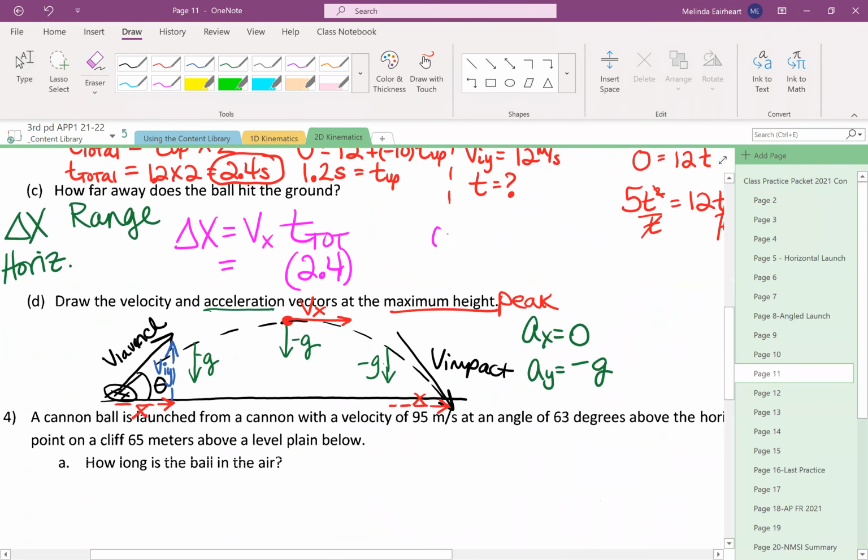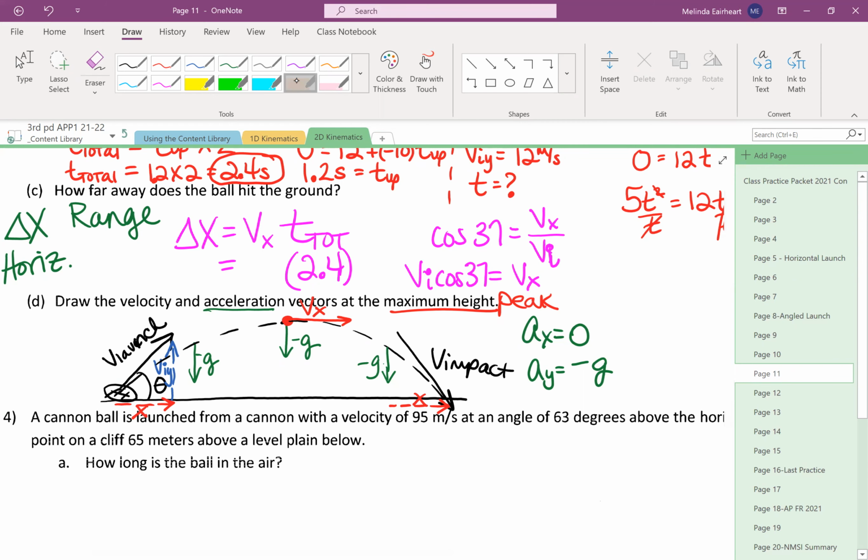So we can say cosine 37 equals that horizontal velocity divided by that initial velocity. Multiply both sides by initial. Vx is initial times cosine 37. And again, most times when your angle is with the horizontal, you'll use cosine, okay?